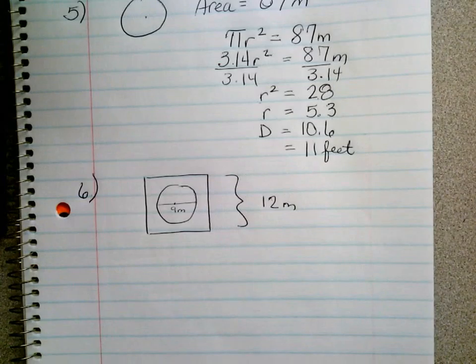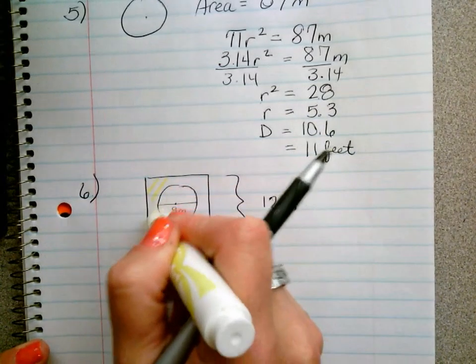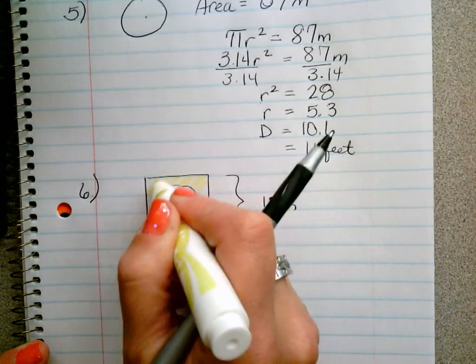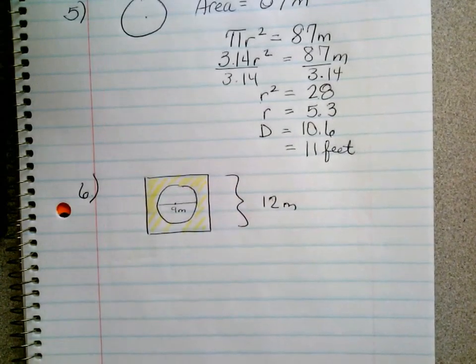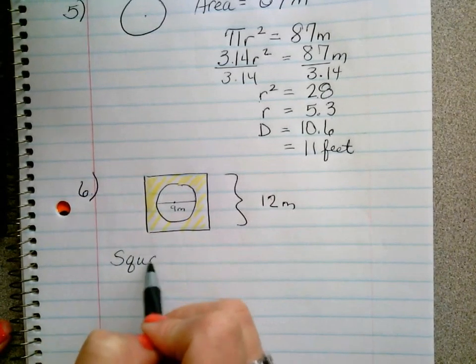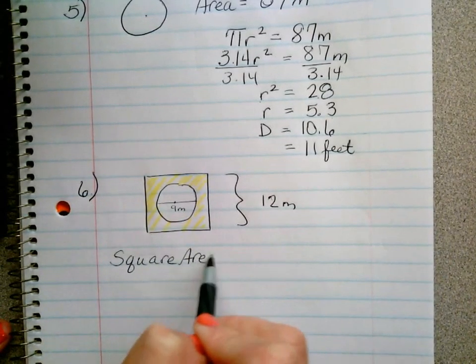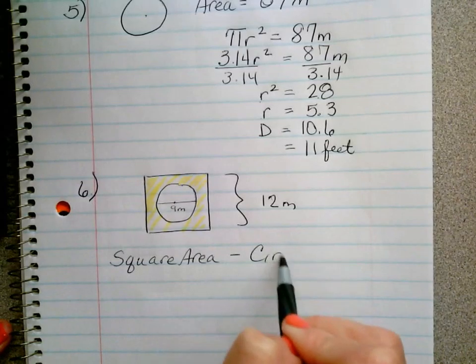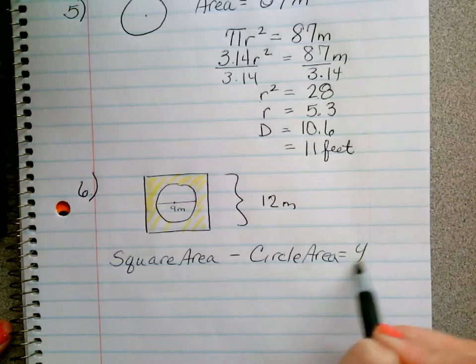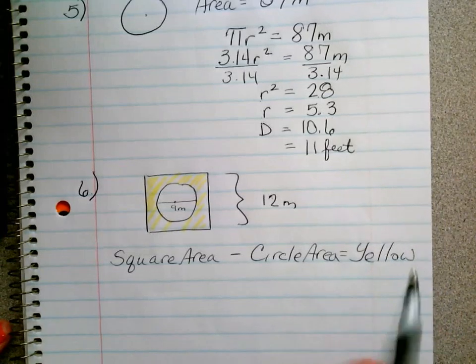So would you agree with me that this part here is not used for competition? Yeah, you have to walk on it to get to the competition. Right, but the competition is not occurring whilst on the yellow. So one would say that the square's area minus the circle's area is probably equal to the yellow area. Would you agree?